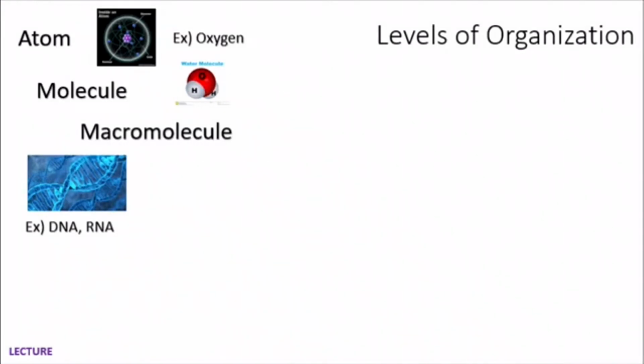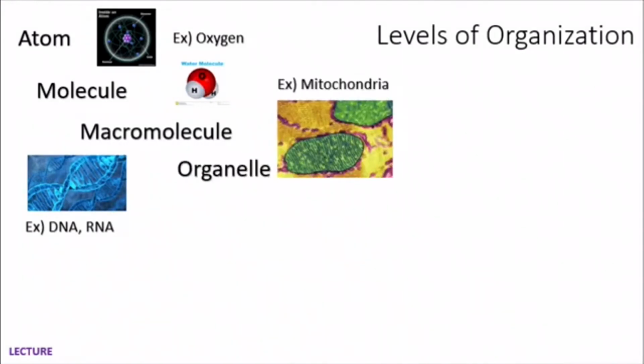The next level of organization that we have is the organelles. We're going to study this in chapter 4, and we're going to study it in lab 2 when we look at the basic cell biology. We'll learn about all of the organelles. Mitochondria is an important organelle, and we'll actually talk about the function of the mitochondria in cellular respiration with chapter 3.